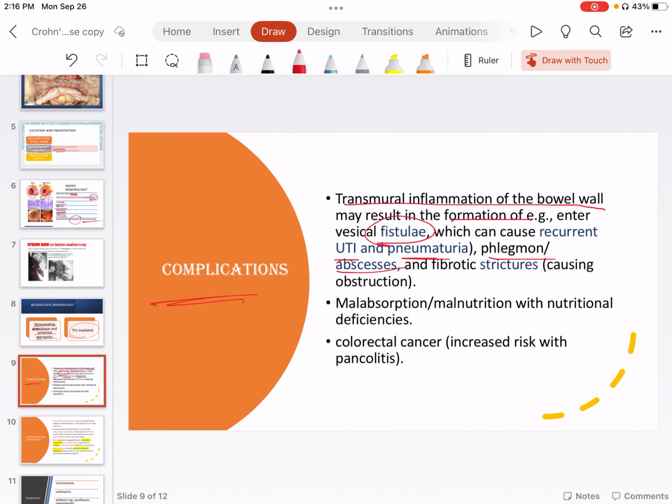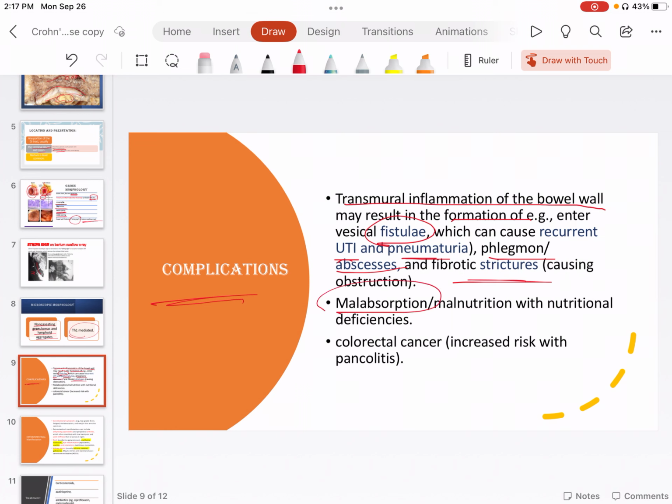Phlegmon as well as abscesses are another complication of this. Obviously, you can imagine what's going on when there is fistula. There are quite a lot of chances of abscess in that area. There could be fibrotic strictures causing obstruction in the GI tract.